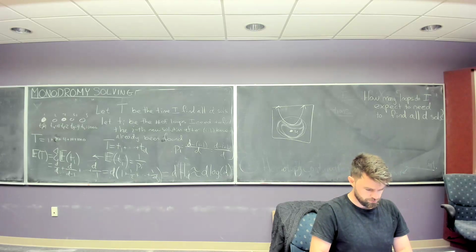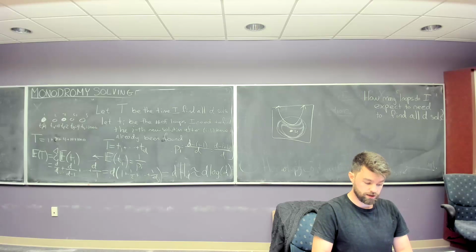A1 times x plus A2 times y plus A3 times x squared times y plus A4 times x times y squared. That's our first one. B1 times x plus B2 times x squared plus B3 times x squared times y plus B4 times x times y plus B5 times y squared.